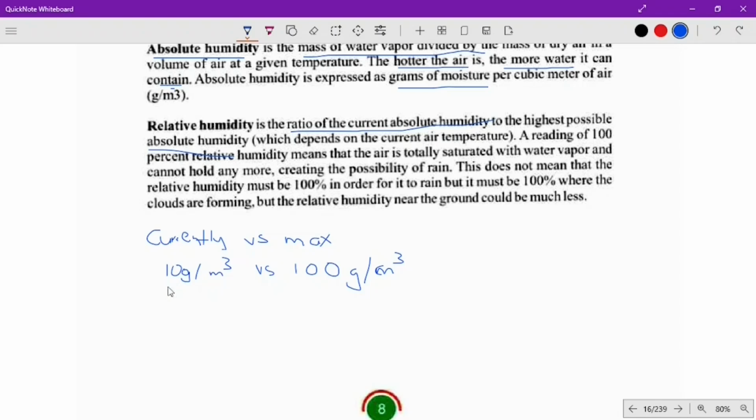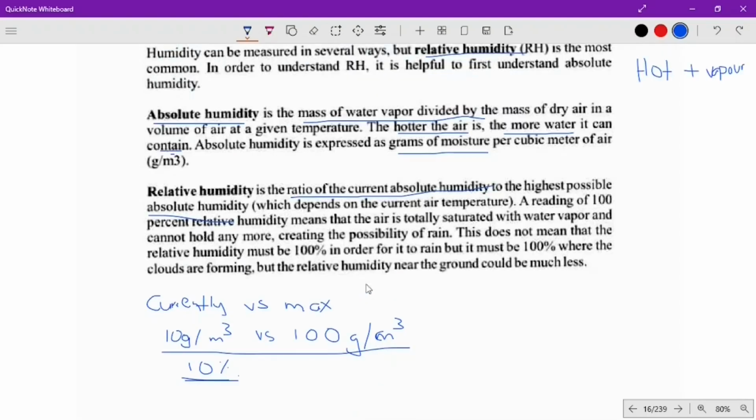So this is how we talk of relative humidity. If we express it like this, 10 over 100 times 100, it will give us 10%. So we can say relative humidity is 10%. So we have to measure the current humidity, then express it as a percentage of the maximum possible, which is obviously 100%.